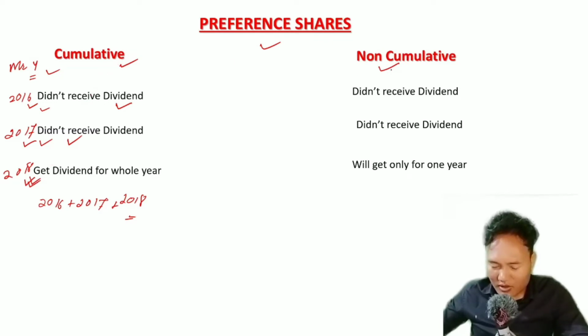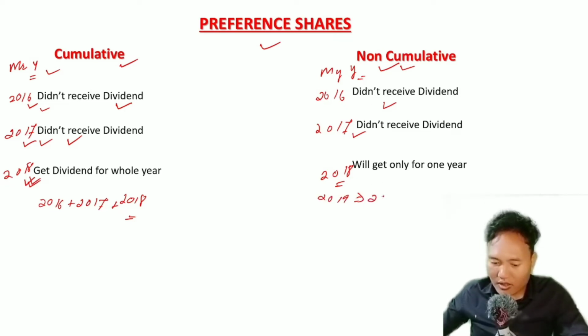Whereas in case of non-cumulative preference shares, for the years 2016, 2017 and 2018, Mr. Y will not receive any dividend for 2016 and 17. But in the year 2019, if the company earned sufficient profit, then Mr. Y will receive a dividend for only 2019, not the arrears of 2016, 17 and 18.